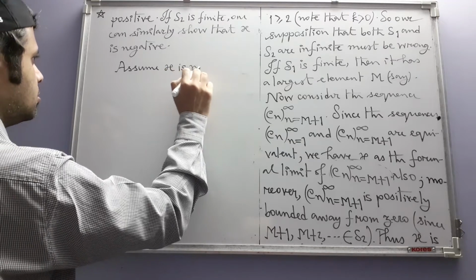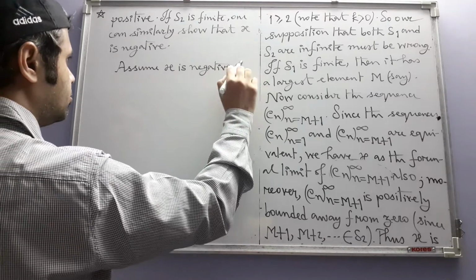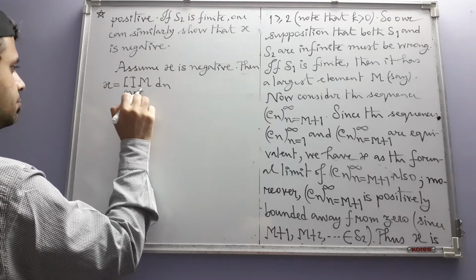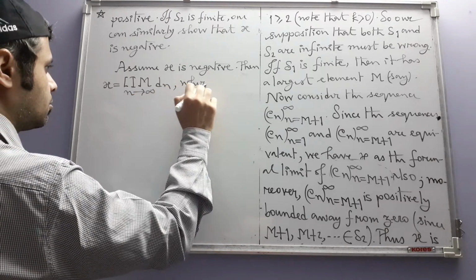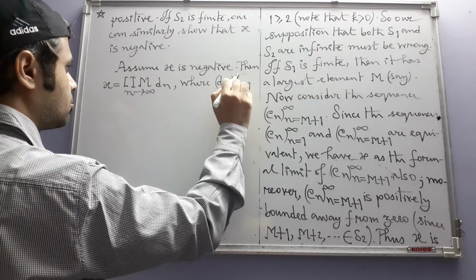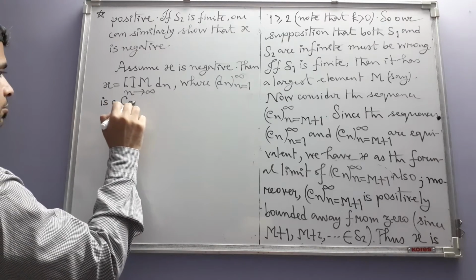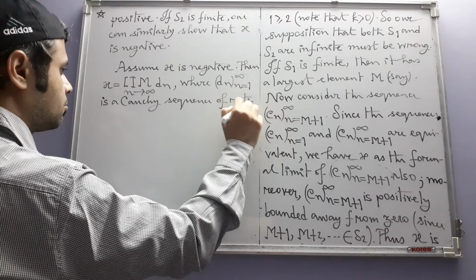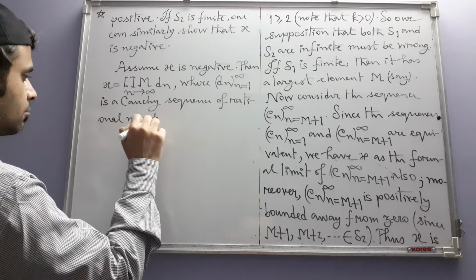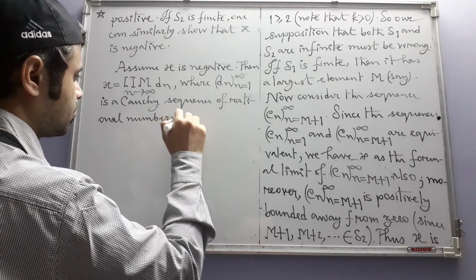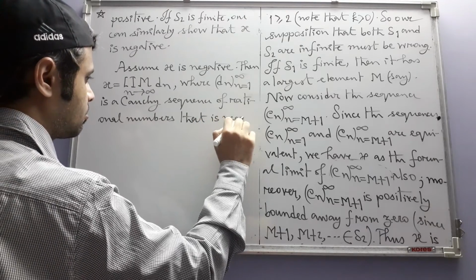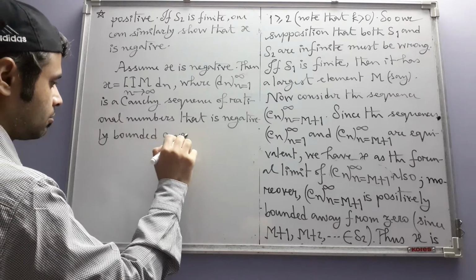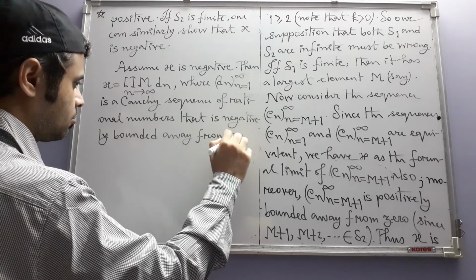Assume x is negative, then x is the formal limit of some sequence d_n, where d_n is a Cauchy sequence of rational numbers that is negatively bounded away from 0.